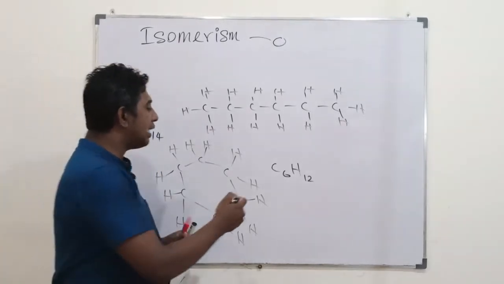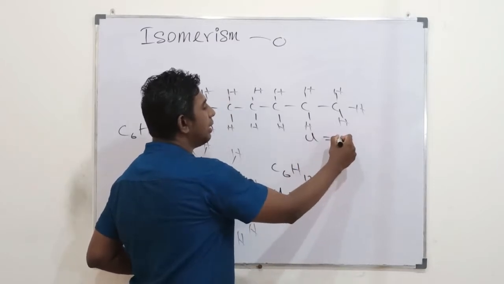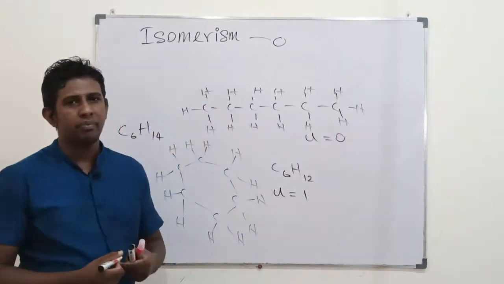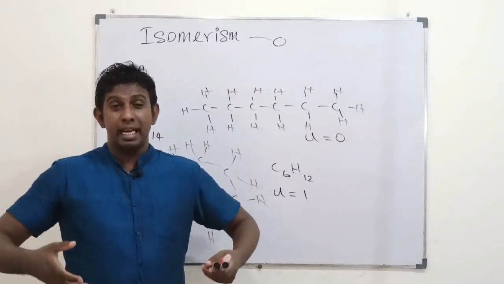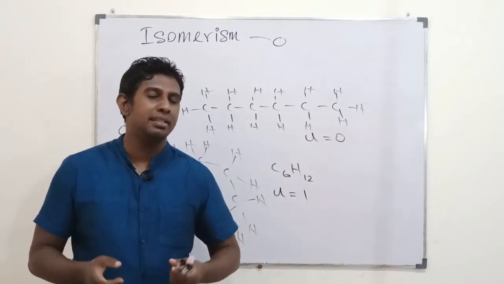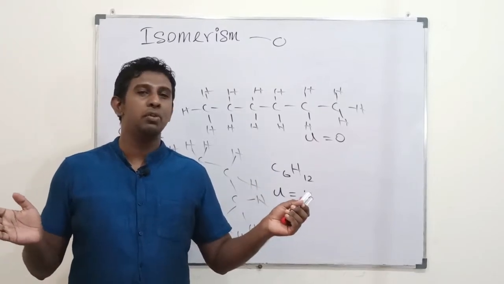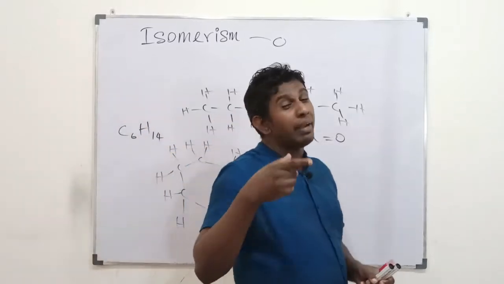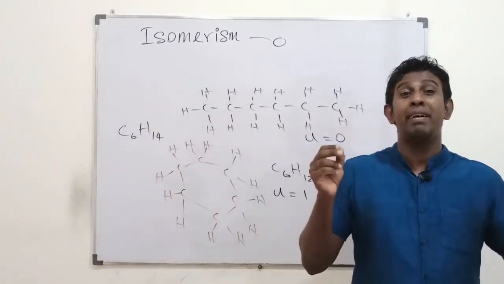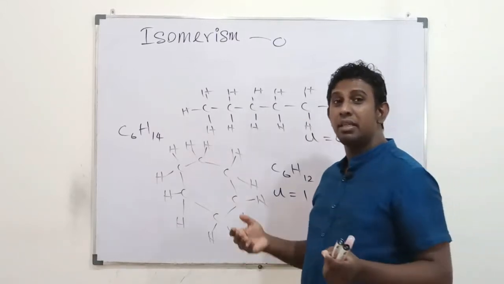Therefore, here the unsaturation number is 1, and here the unsaturation number is 0. Simple. The unsaturation number is the number of pi bonds and cyclic structures within a molecule that you would find. Or otherwise, it is the number of H2 molecules that need to be provided to bring it to the saturated level.